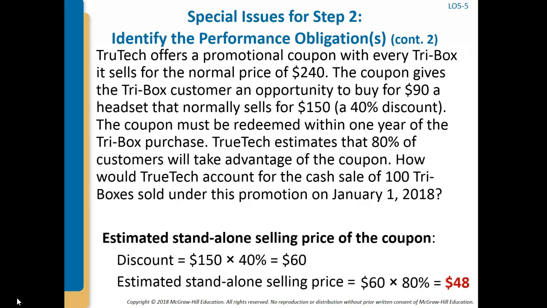TrueTech must allocate the $240 transaction price to two performance obligations, the try box and the coupon. Because TrueTech expects only 80% of the coupons to be used, it estimates the standalone selling price of a coupon to be $48, which is the $60 times 80%.